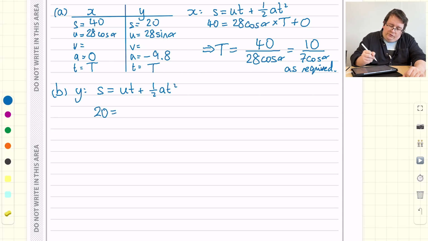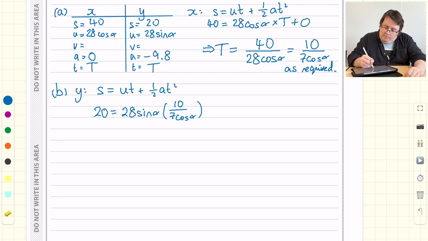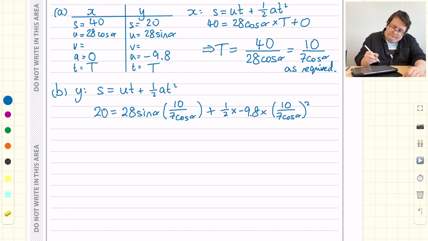So 20 is equal to u, which is 28 sine alpha, times T, which we've just worked out is 10 over 7 cosine alpha, plus a half times a, which is minus 9.8, times t squared, so 10 over 7 cosine alpha squared.